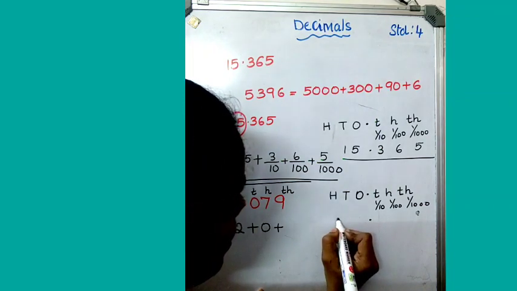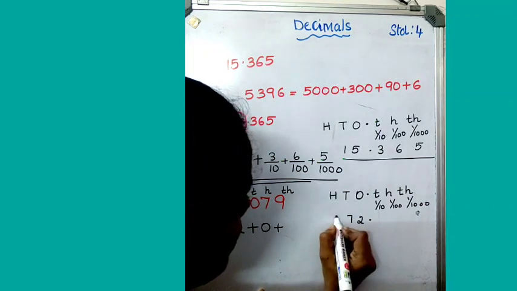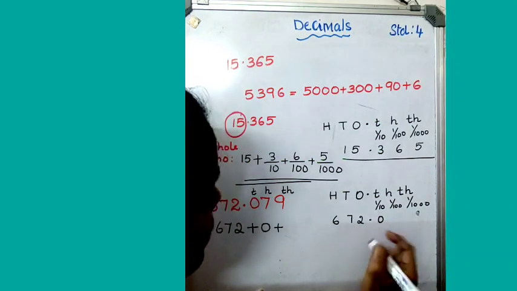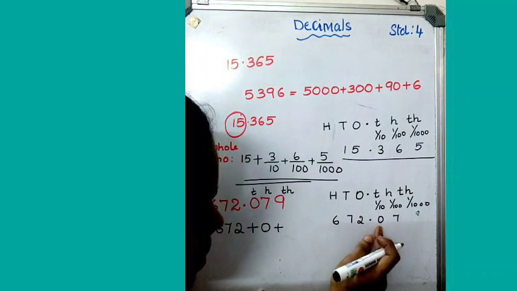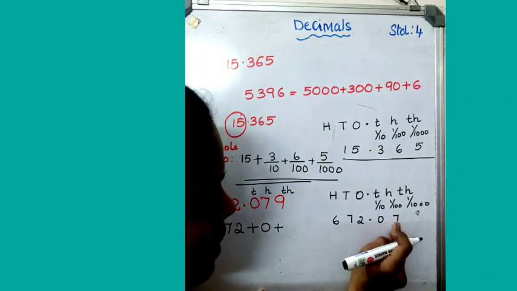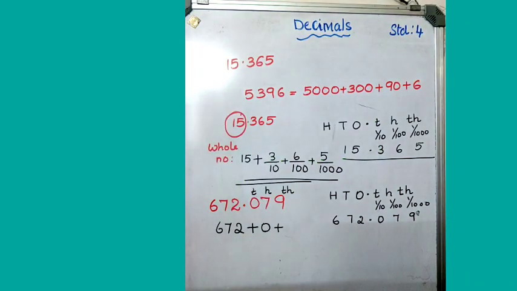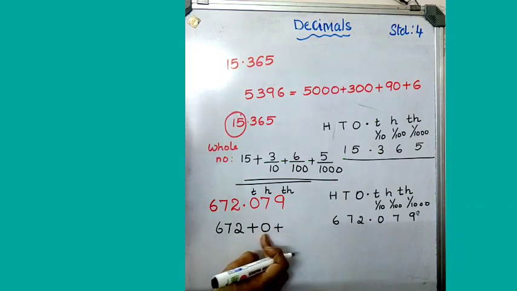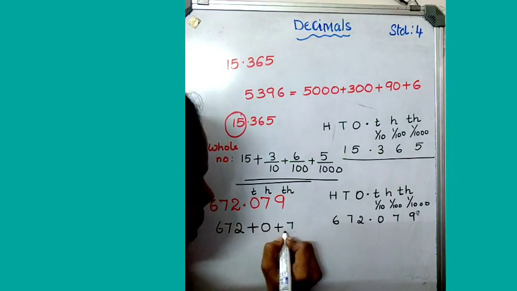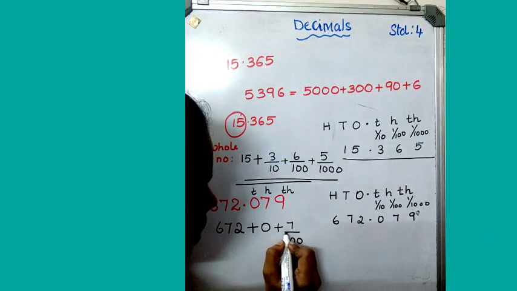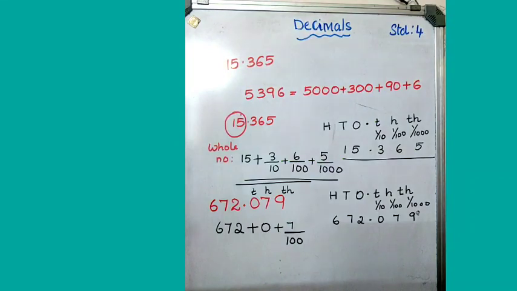Put the point here. 672.079: 0 by 10, that means 0, 7 by 100 and 9 by 1000. Then how does this become? We already put 0 here. Then 7 is in the 100th place, so it becomes 7 by 100.